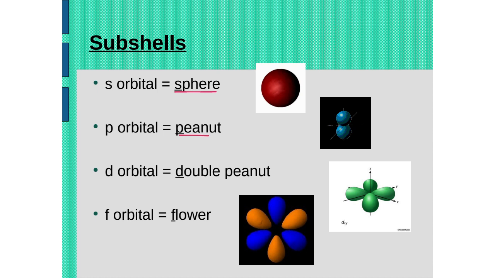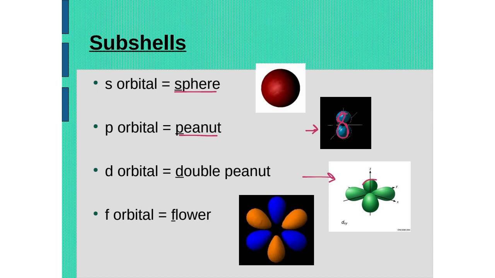The p orbital is actually a peanut-shaped orbital. So you'll see it right here, and it's got two lobes. We sometimes draw it like a figure eight, where there's a lobe above and a lobe below. It looks like a peanut shape. The d orbital right over here is like a double peanut.